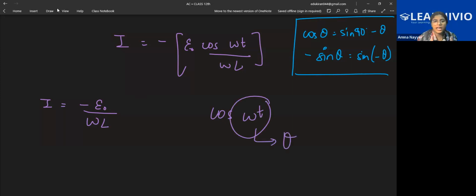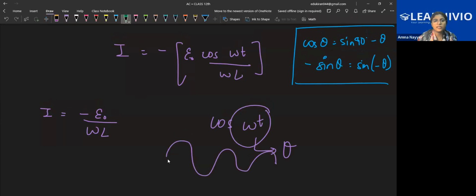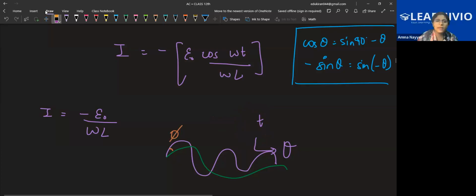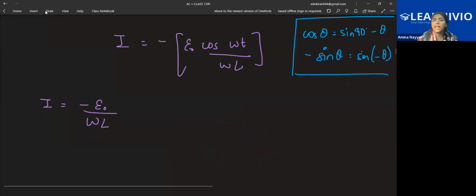If a wave is flowing and another wave is flowing like this, can you see some angle is there, which we usually represent with phi or theta. So the best method is the identity which I have told you: cos theta is equal to sine 90 minus theta. What is our theta here? Omega t. The rest of the constants I have put aside, I am left with cos omega t.